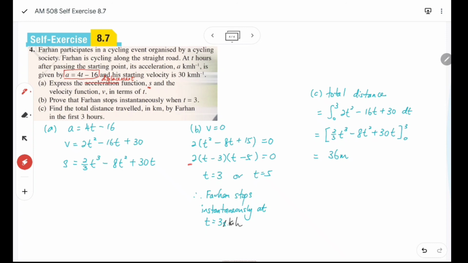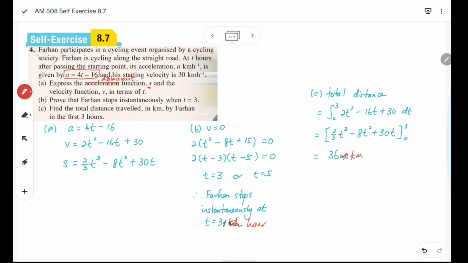We get 2 times (t minus 3) and (t minus 5) equals to 0. So we will get t equals to 3 and t equals to 5. So we can show that Farhan stopped instantaneously at t equals to 3, and the unit here should be in hours.